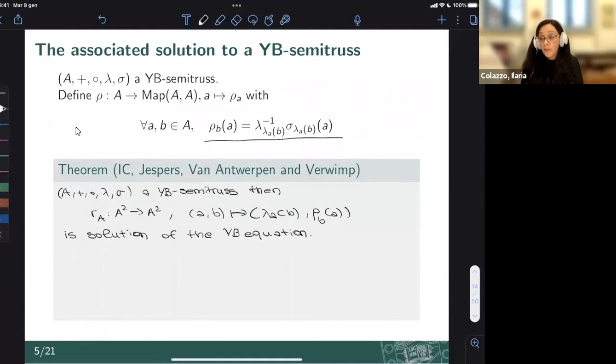It is clear because of the assumption that lambda is bijective. This is left non-degenerate.